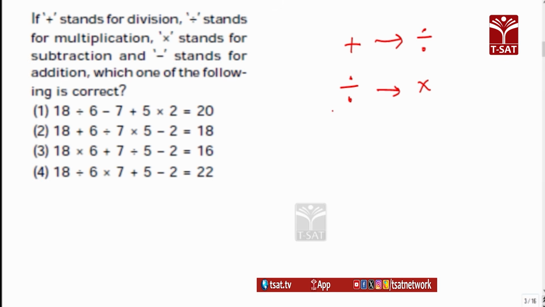In the same way, multiplication stands for subtraction. So multiplication now stands for subtraction. In the same way, subtraction stands for addition. So minus stands for addition. So wherever you see these symbols, you have to replace with the other symbols, and you have to perform the operation. That is the reason they are called symbolic operations.